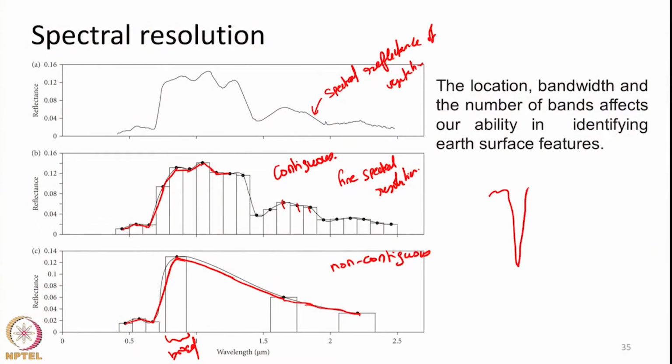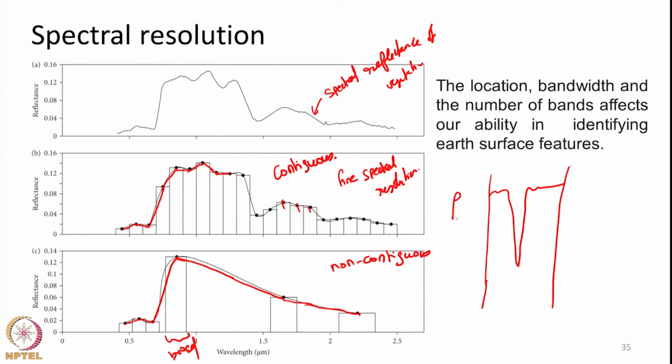You can just think of it as an analogy with spatial resolution. In spatial resolution what happens? Whatever features are present within the IFOV, everything will be averaged out and we will get one single value, right? Similar concept here. Whatever be the spectral reflectance within a given bandwidth, let us say a feature has something like this. Let us say this is the spectral bandwidth, lambda min, lambda max.